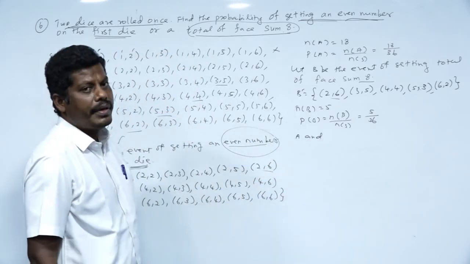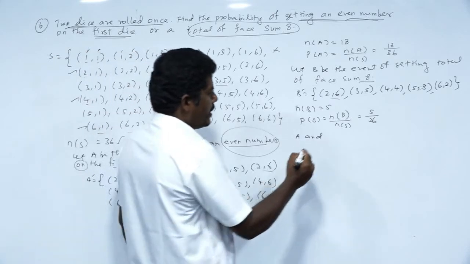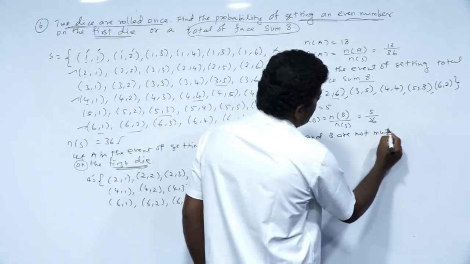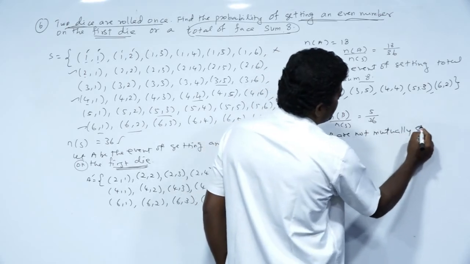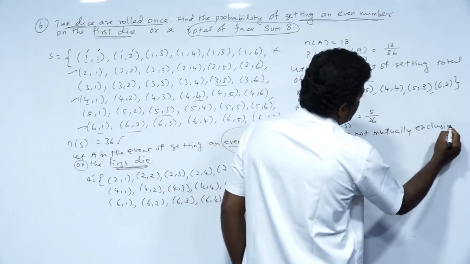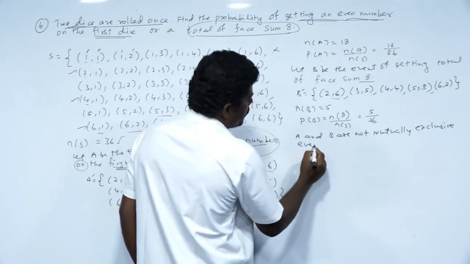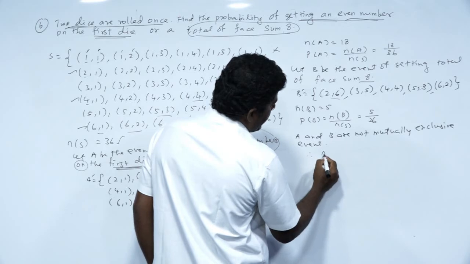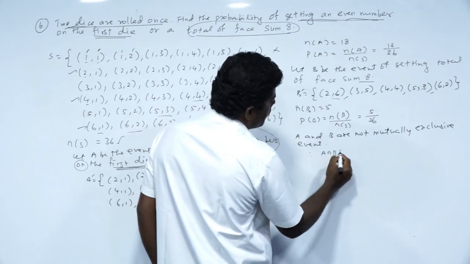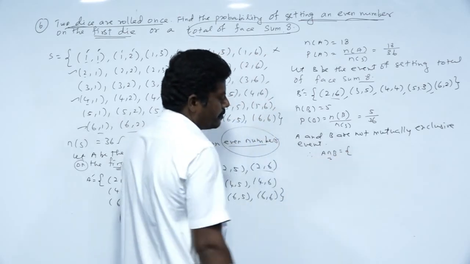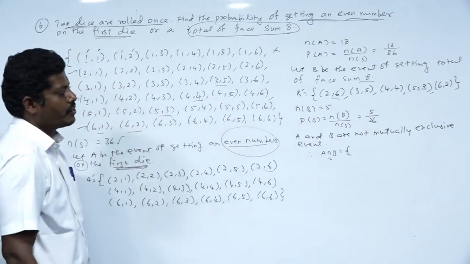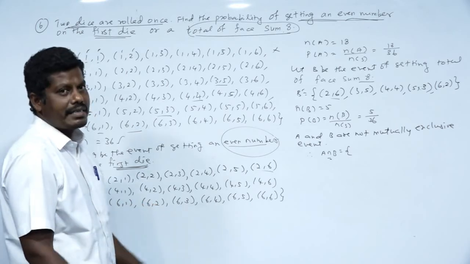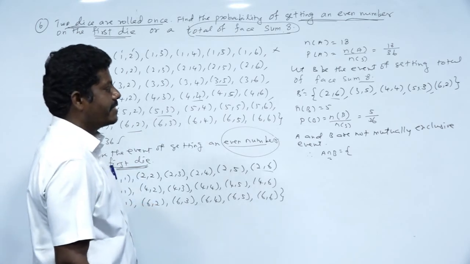Therefore, A and B are not mutually exclusive events. So you want to find A intersection B also, because common is there. Not mutually exclusive means common is there. Mutually exclusive event means no common.